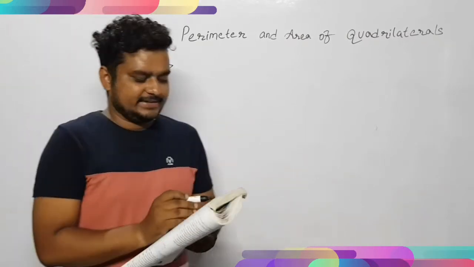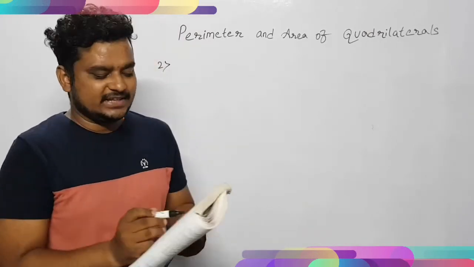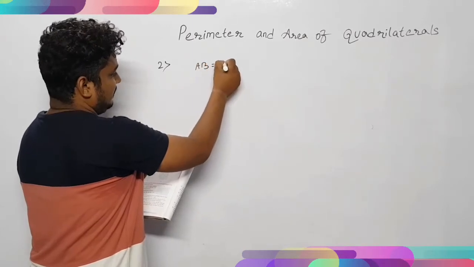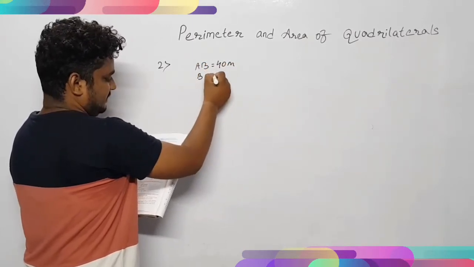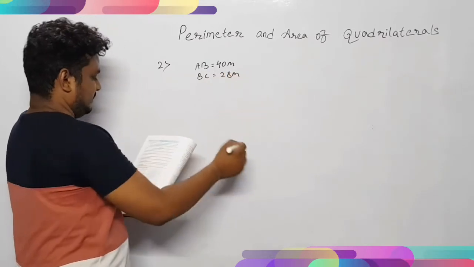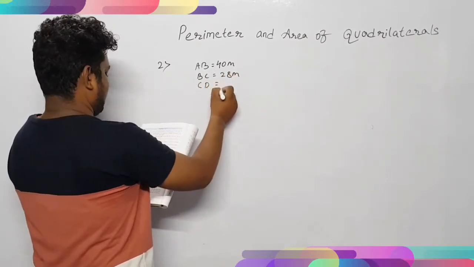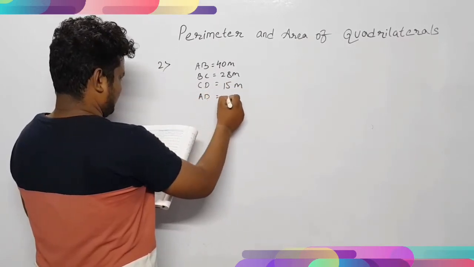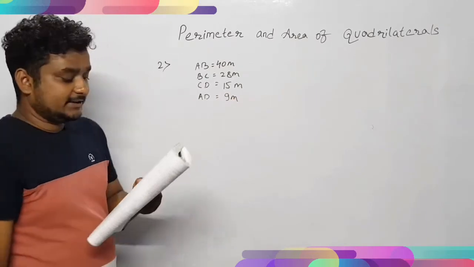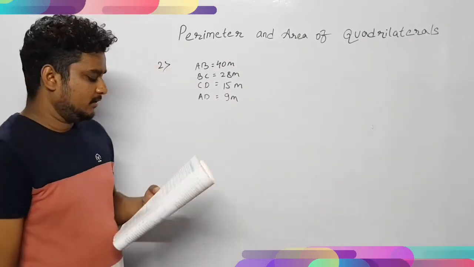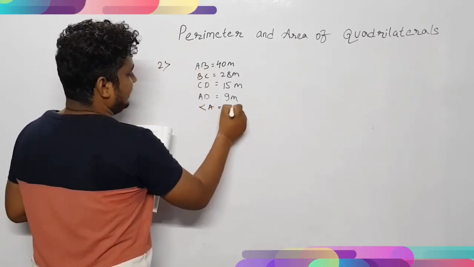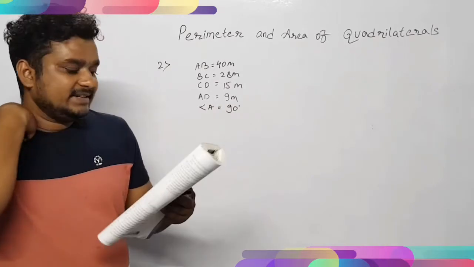In this, it is saying: find the area of quadrilateral field ABCD whose sides are given. AB is given 40 meter, BC is given 28 meter, CD is given 15 meter, AD is given 9 meter. These are the things which are given in this question. One more thing is given: angle A equals 90 degrees. Fine. So ABCD is the quadrilateral.